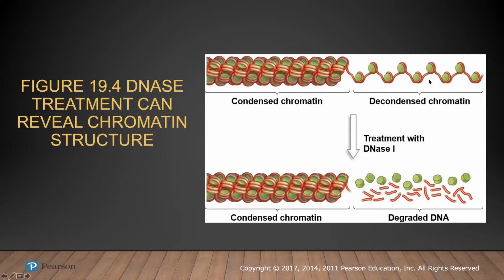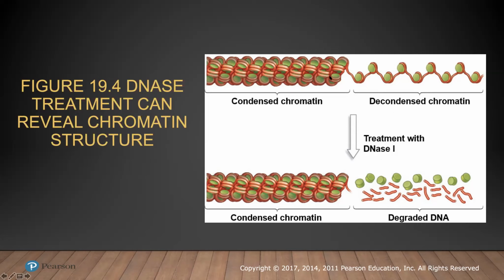They treated the cell with this enzyme called DNase I that can chop apart the DNA. What they saw was that the condensed chromatin stayed intact because the enzyme was not able to get into those active sites and cut those links. In the decondensed chromatin, when treated with DNase I, it was able to break everything apart.